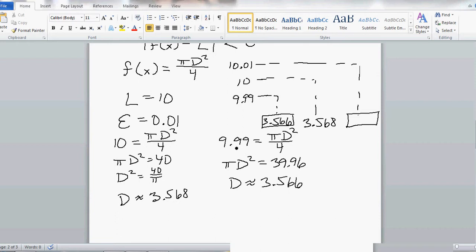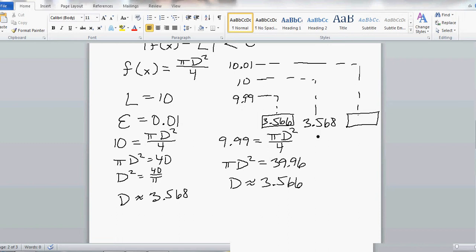Now the only reason we really have to worry about the minimum and the maximum, and not the actual value, the x sub 0, is that if you look at the problem, we need a tolerance range of d. In other words, we need the d minimum and the d maximum. So I found the minimum.